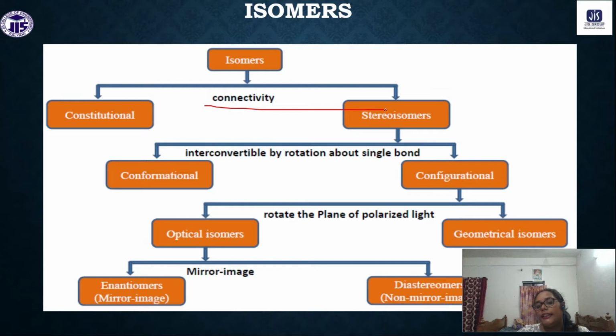Based on the connectivity, first of all, isomers are of two types: constitutional isomer and stereoisomer. Next, based on interconvertibility by rotation about the single bond, these are of two types: conformational and configurational. Configurational isomers are again of two types: optical isomer and geometrical isomer. Optical isomers are of two types: enantiomers and diastereomers, and geometrical isomers are of two types: cis and trans.